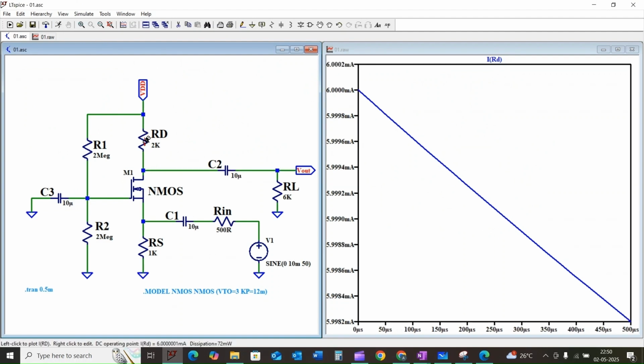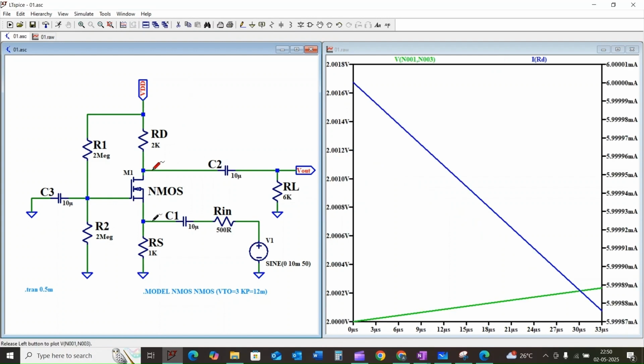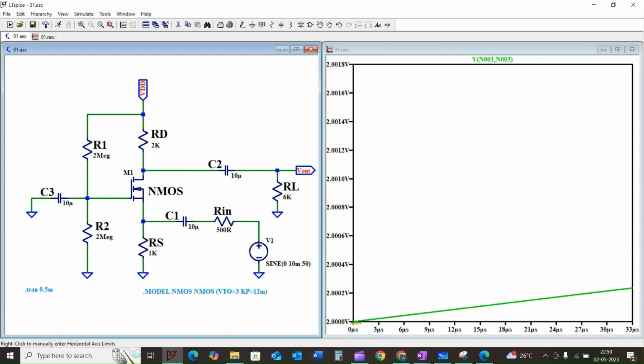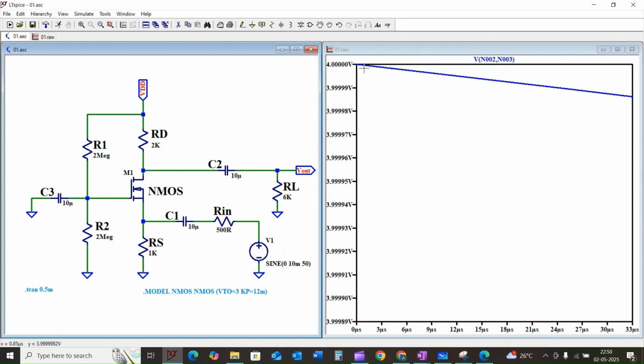As per the calculation, our drain current is 6 milliamps, and the drain to source voltage is equal to 2 volt, and gate to source voltage is equal to 4 volt. As you can see here, the simulated ID, VGS and VDS values closely match our calculation.